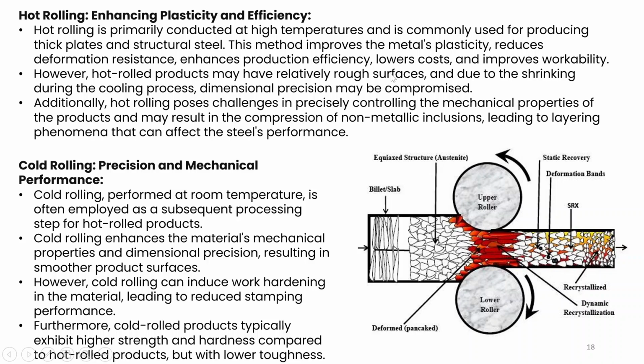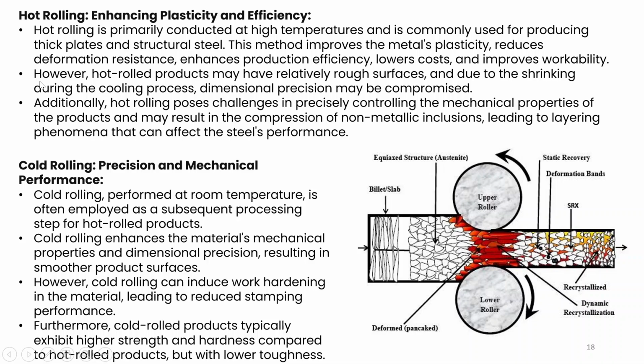It also lowers costs. In cold rolling, you will require higher pressure and higher forces, and your rolls will get damaged more compared to hot rolling. That's why hot rolling has lower cost, and it also improves workability.